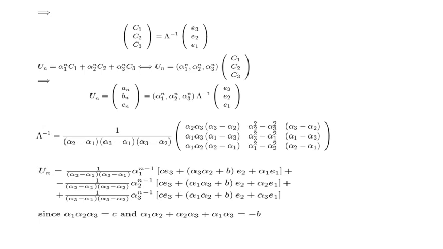U_0, U_1, U_2 are the vectors of the canonical basis, and finally, after we calculate the inverse of the Vandermonde matrix, we have U_n as follows.